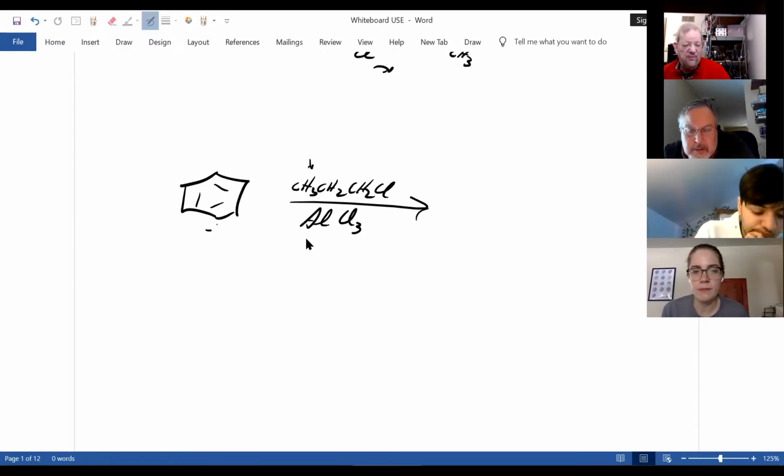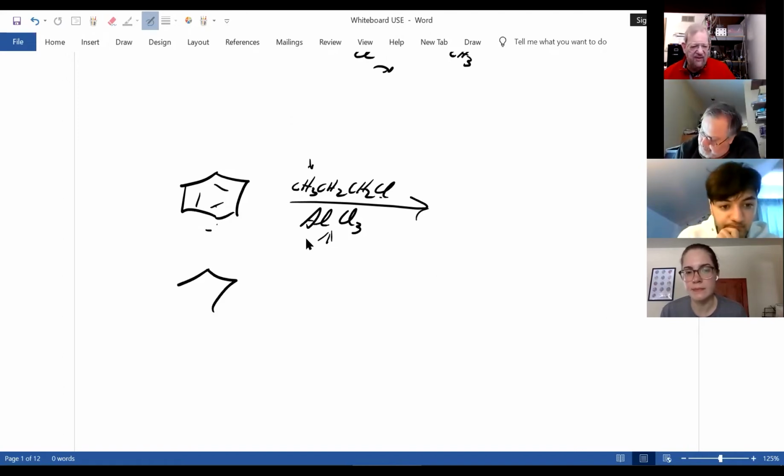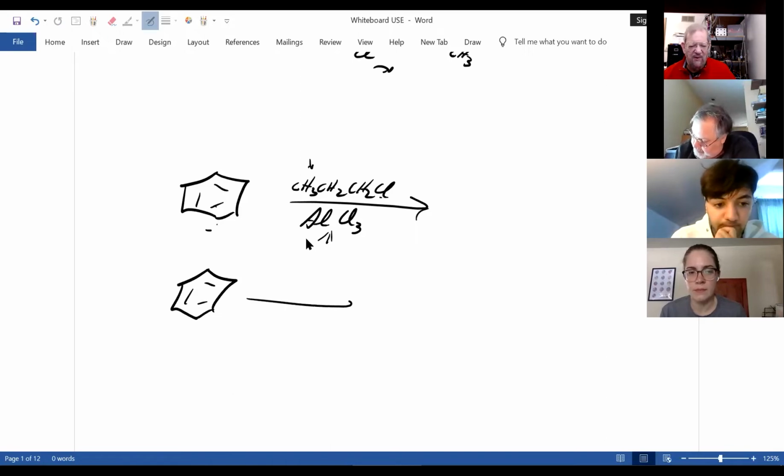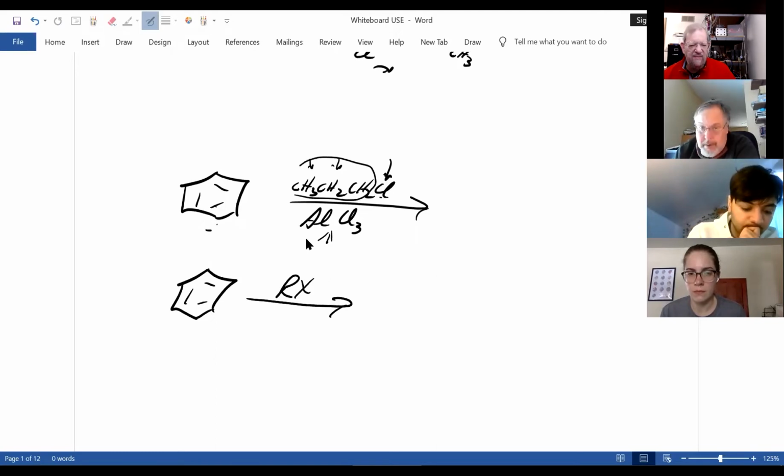Alkyl means an R group, carbons, and a halogen, and this catalyst. Now, once again, look at what's different. Ooh, a benzene ring. What am I reacting with? Well, these are all R. What's different? Ooh, a halogen. And I can abbreviate it like this, where this is my R group, and I have aluminum trihalide.